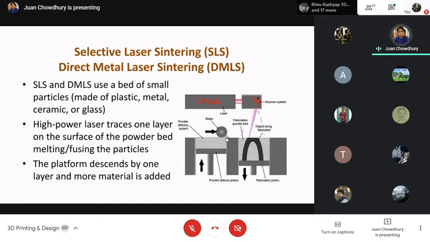That's a diffraction concept. Now, if you remember, in SLA we used a laser, mostly ultraviolet light, to start polymerization or rather solidification of polymer resin.